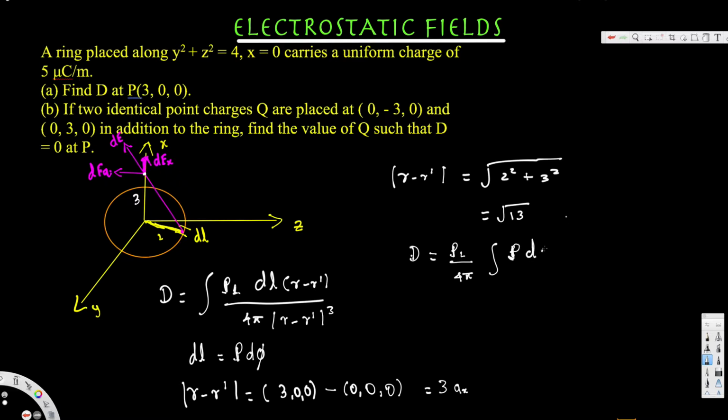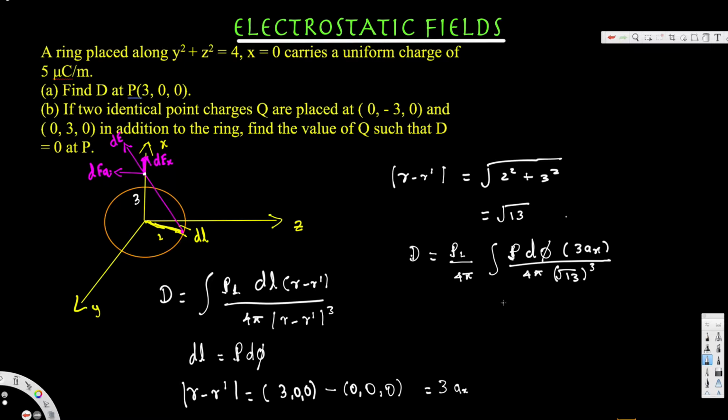Then instead of dl we have rho d phi, and r minus r prime is 3 ax, divided by the magnitude of r minus r prime cubed, which is given by square root of 13 cubed, right? So this is what we got right now.